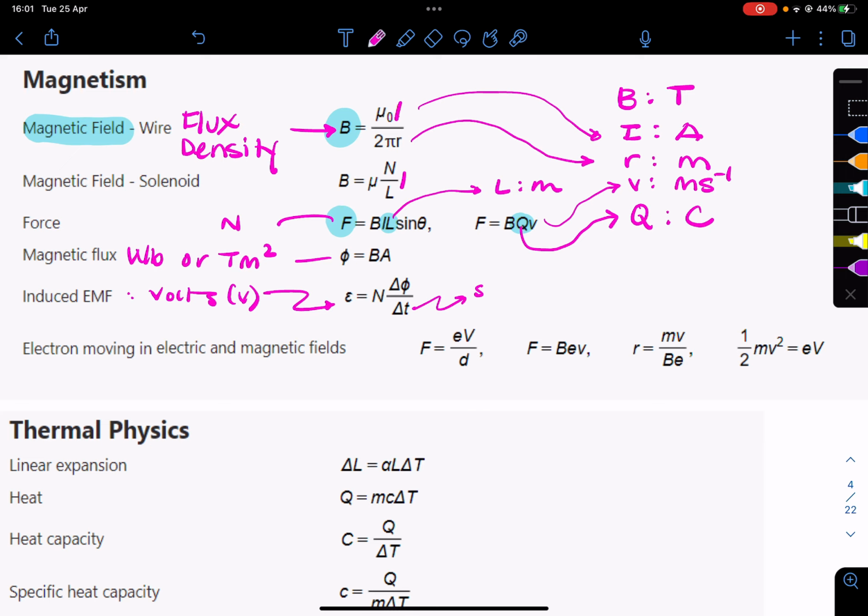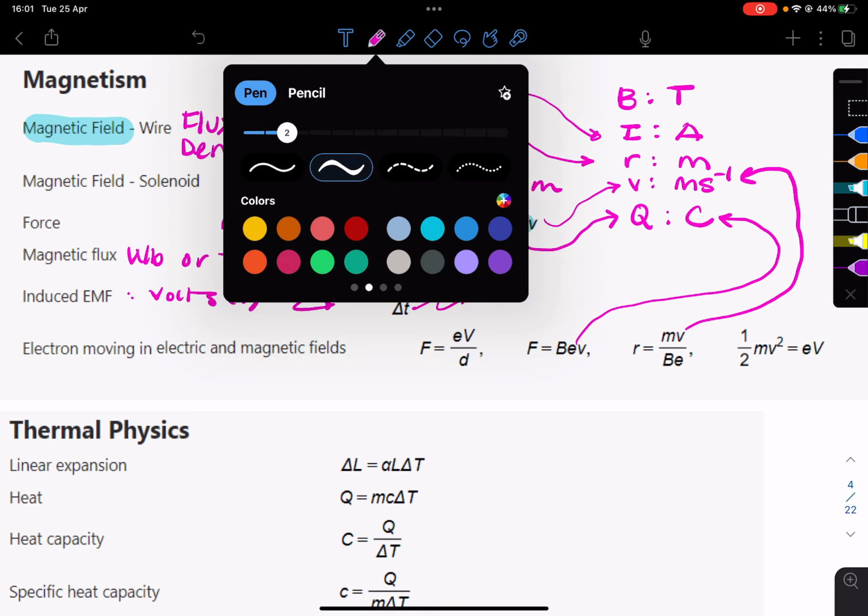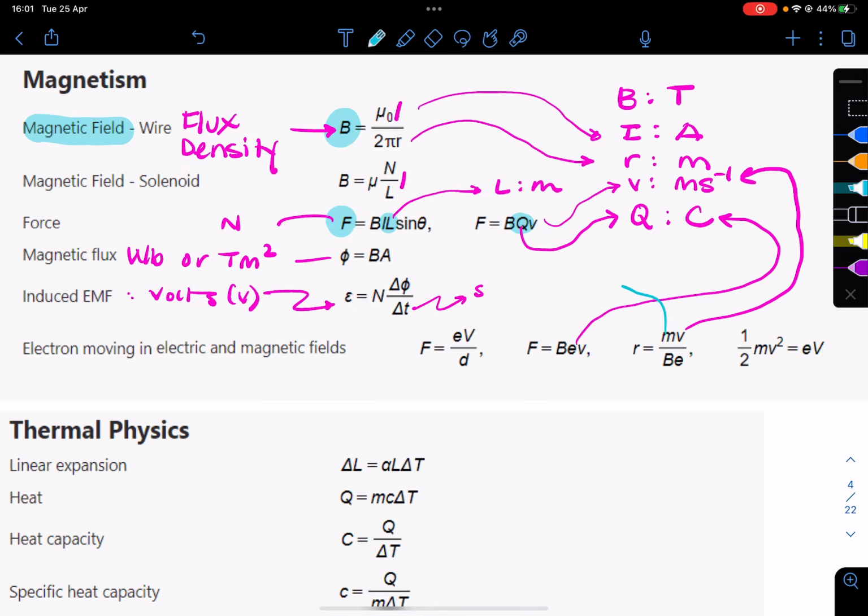Now, when you see the small letter e here, that's just the charge of an electron, so that'll have the same charge as Q. V is the same as that. M is in kilograms. Whenever you see mass, that should be in kilograms.